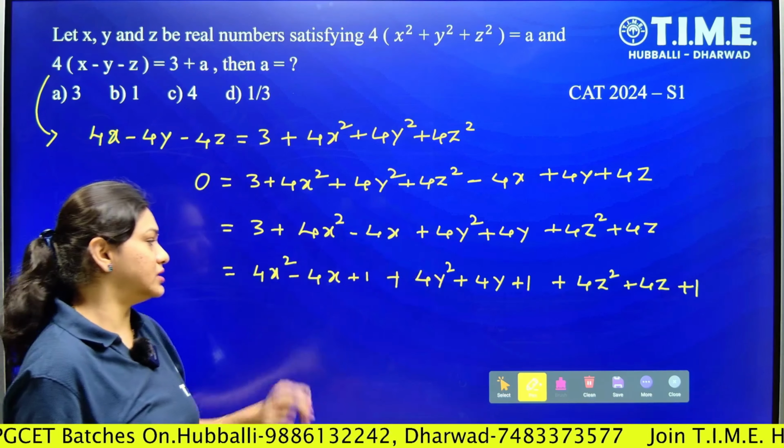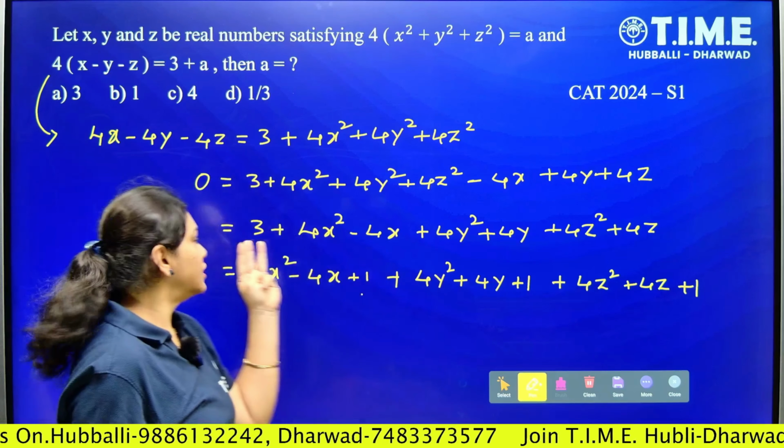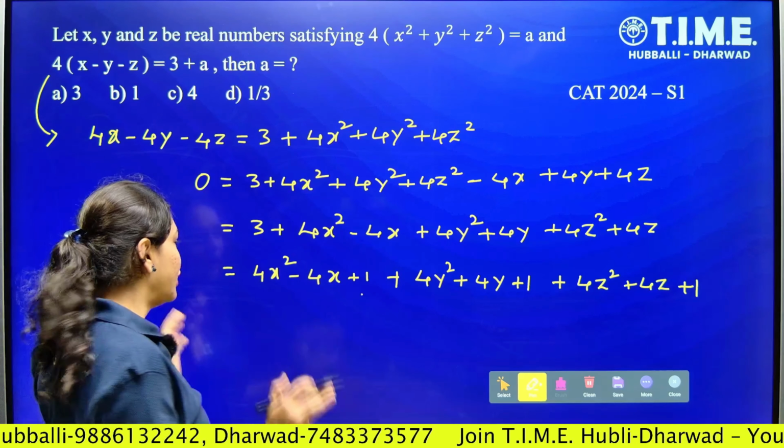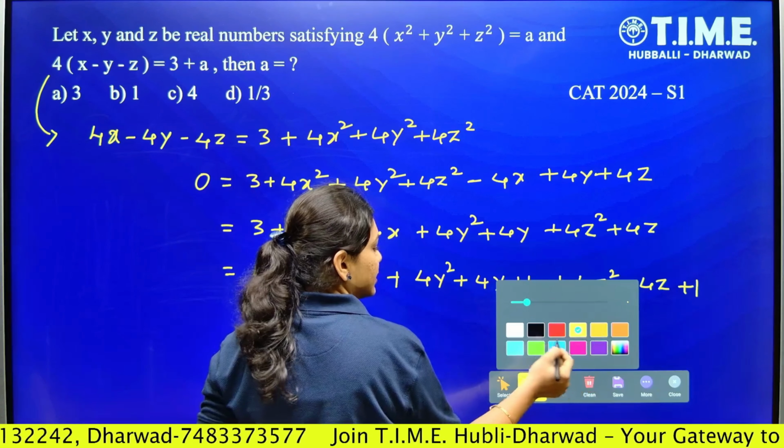See here, 1 plus 1 plus 1 entirely is 3. That 3 we have split in that format. Now we will consider only this one case. Okay, try to understand here.